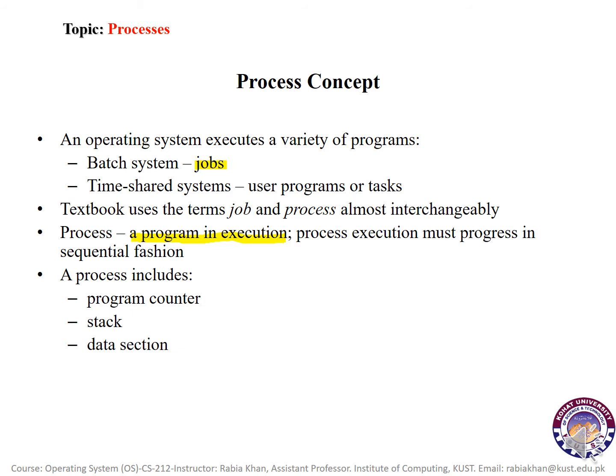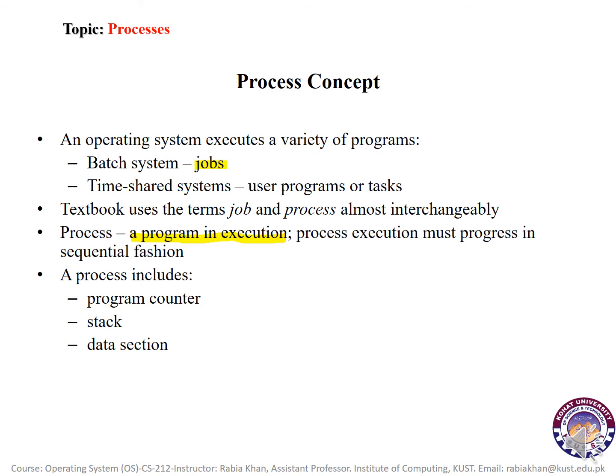I think you must have understood the difference between the two terms, job and process. Job and process both refer to user task, user application or user program. Jobs are user programs which are not being executed currently on CPU, while a process is a user program which is in execution.